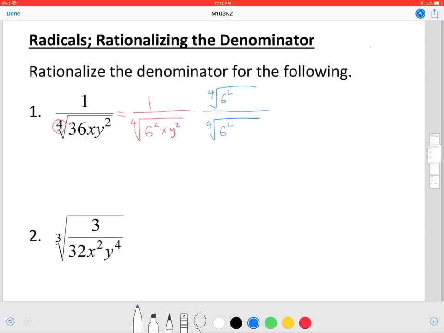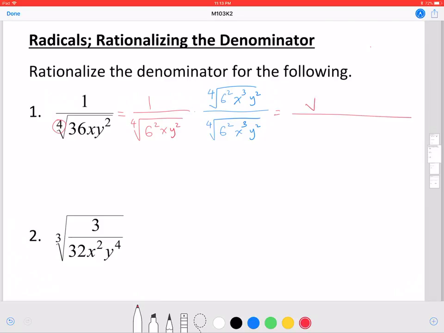Now x is only to the first power, so I need x cubed. Again, whatever I write at the bottom must be the same at the top. And y, I have y squared, so I need, just like 6, y squared. So what do I have here then?